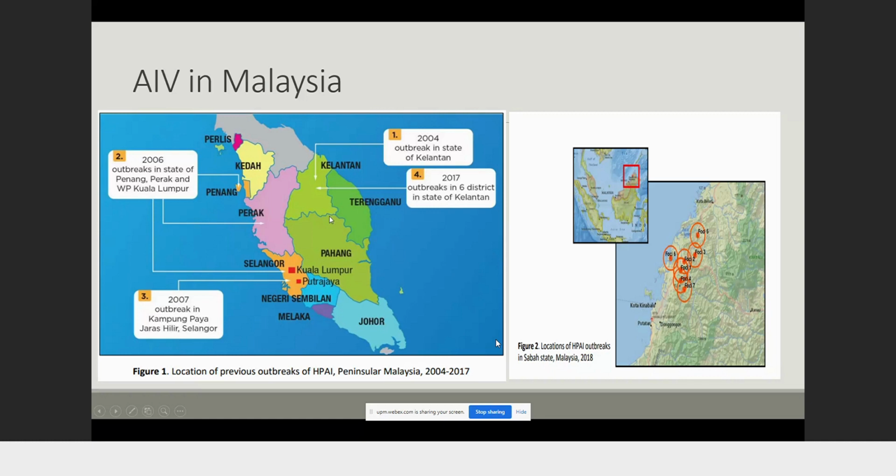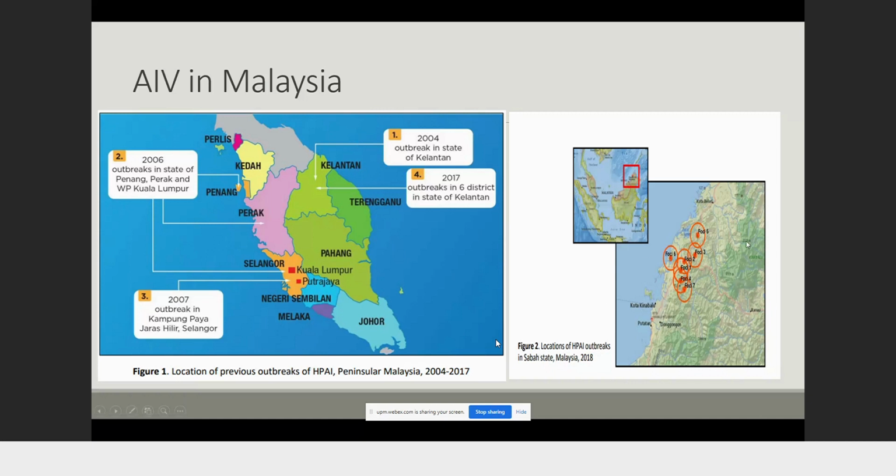Based on the study, Kelantan is a common site where highly pathogenic avian influenza occurs because of the fighting cocks. They love to play with fighting cocks or game birds, and it is not because of outbreaks in commercial chickens.